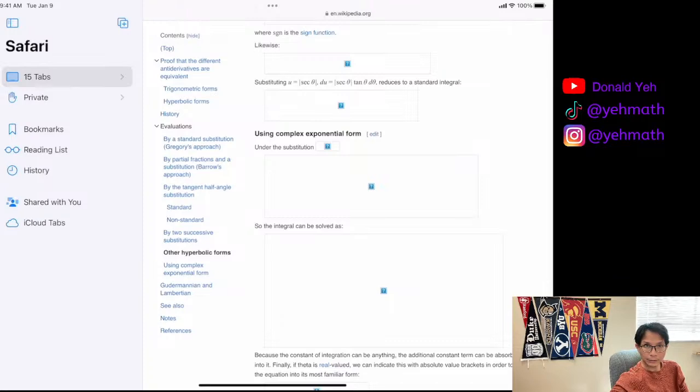I remember three different ways. I thought Gregory's approach is probably the best, but there were all different ways.